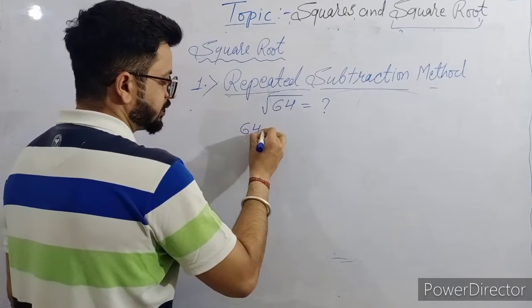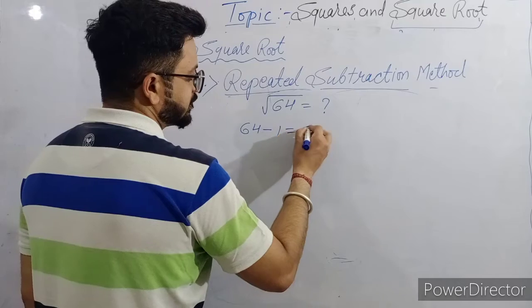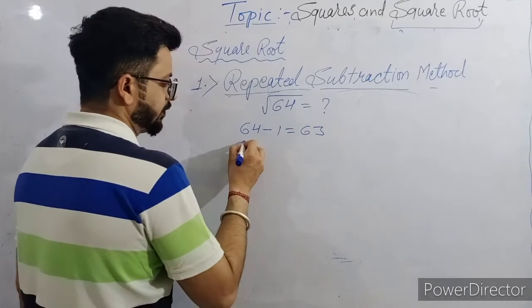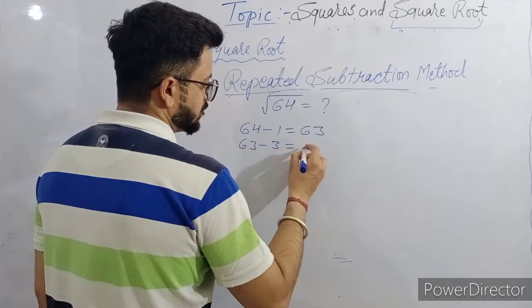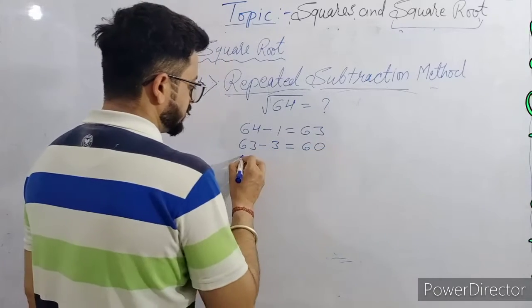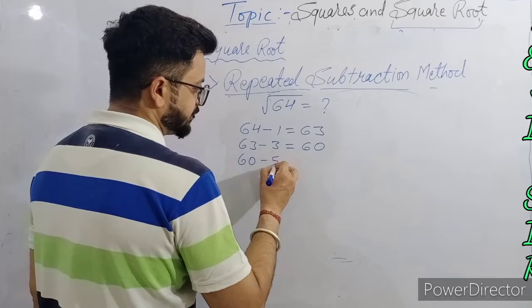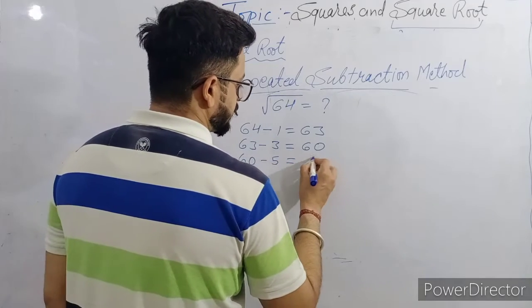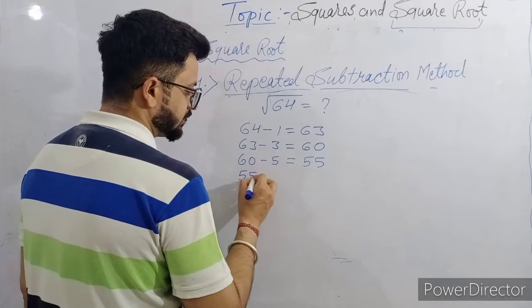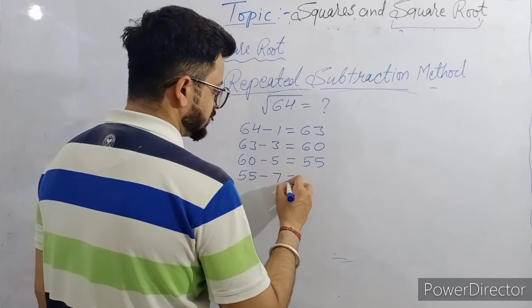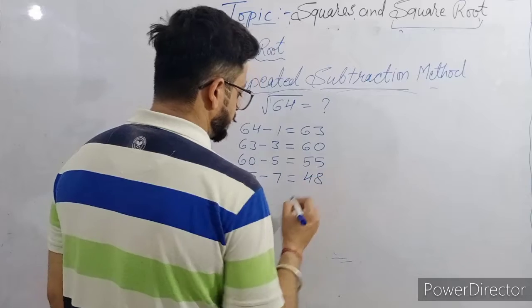From 64, I'll subtract 1, then 63. Now from 63, I'm going to subtract 3. Now 60. From 60, subtract 5. Then 55. Now from 55, I'll subtract 7. Then 48.